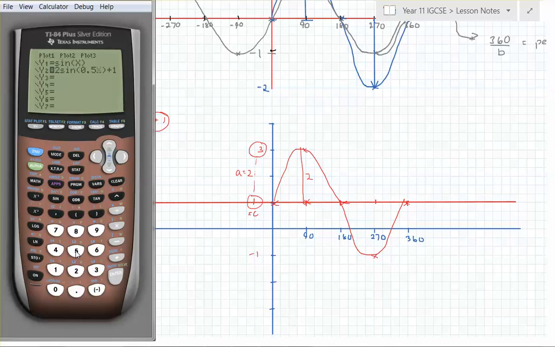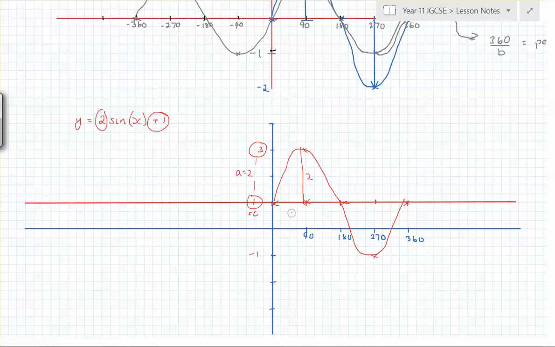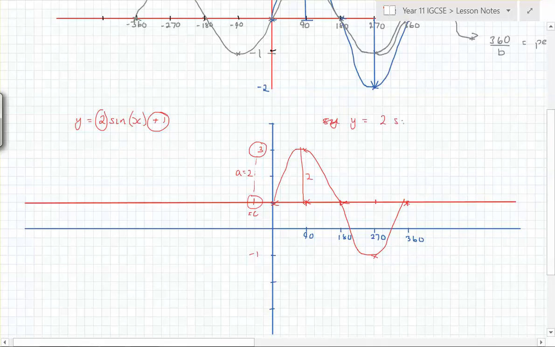It's going to be like a half of a wave in 360 degrees. Yeah. Now I didn't change my centre line, so it's still off the screen. Okay. But if I did y equals 2 sine half x plus 1.